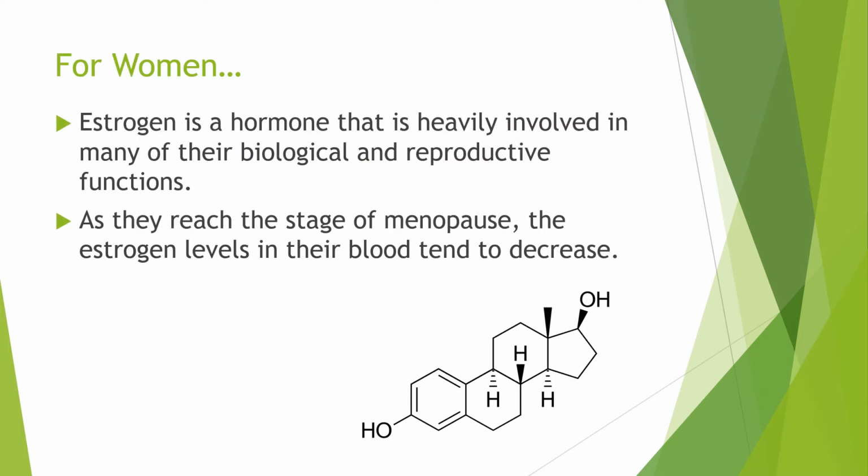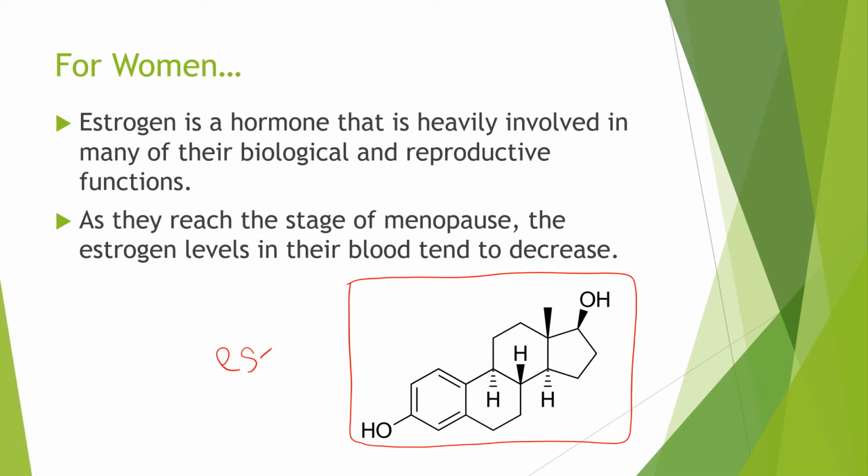In women, estrogen is a hormone that is heavily involved in many of their reproductive functions. And we can see that as they reach the stage of menopause, the estrogen levels in their blood will decrease. This molecule here is estradiol, which is an important component of estrogen.